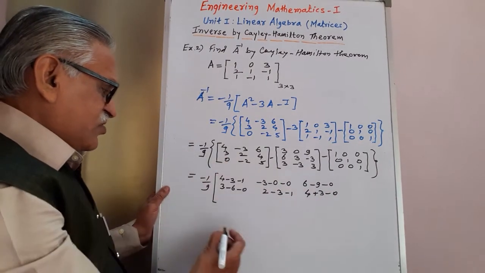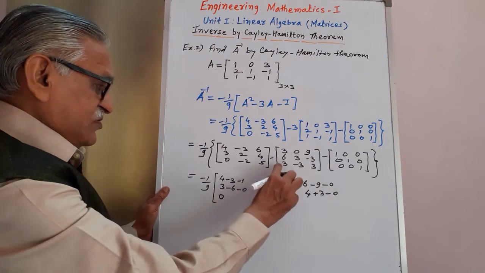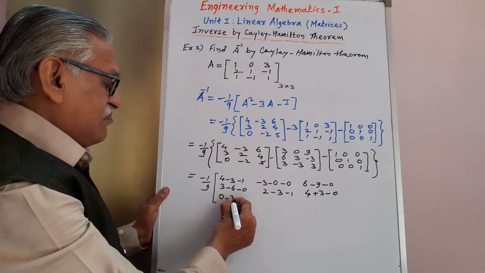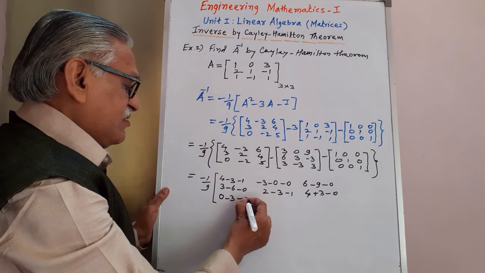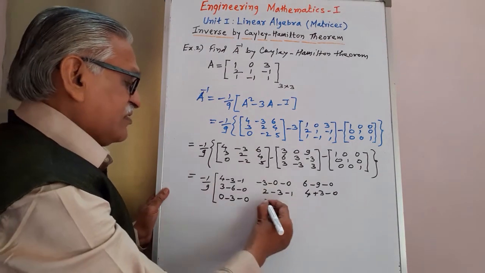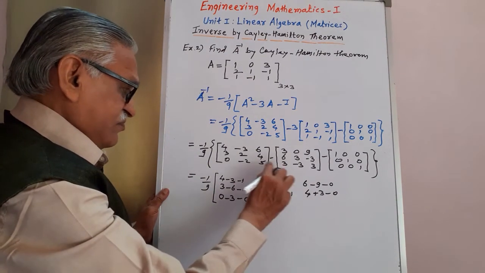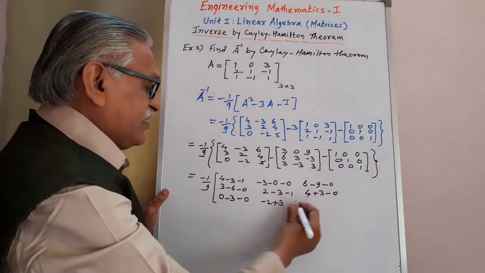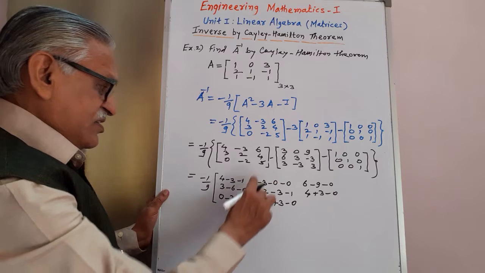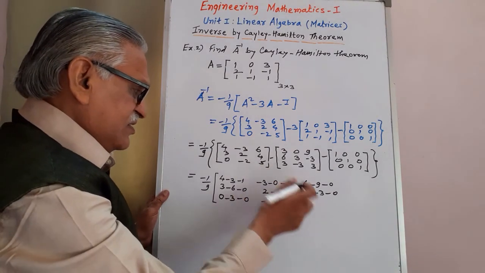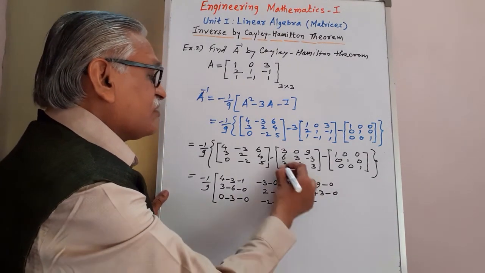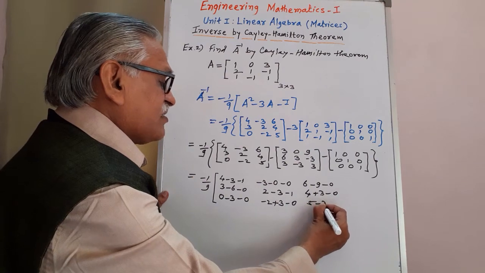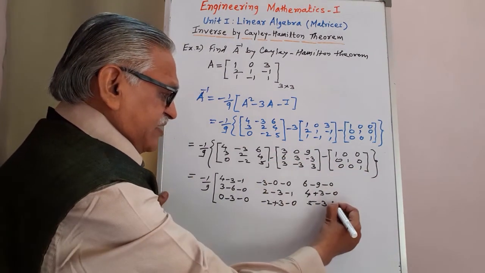Then for the third row, the elements are 0 minus 3 minus 0, then minus 2 plus 3 and minus 0, then the third element 5 minus 3 and minus 1.